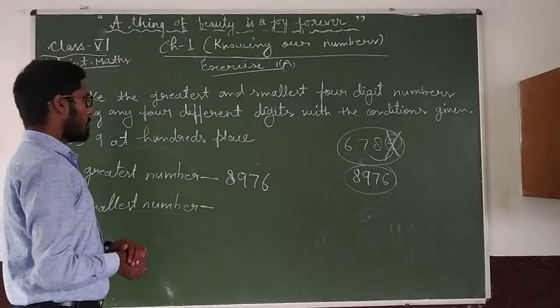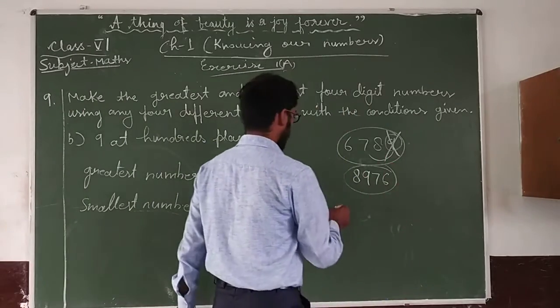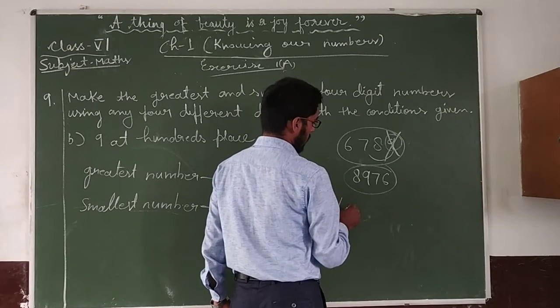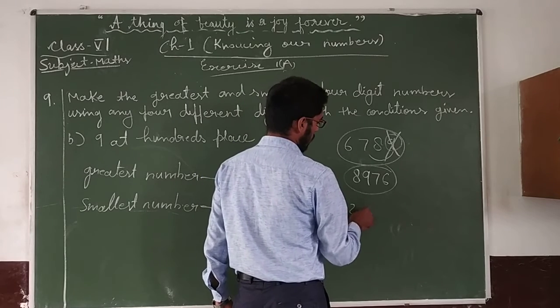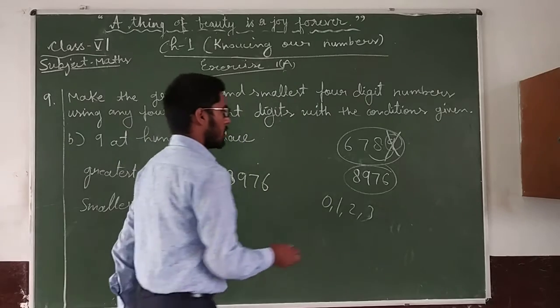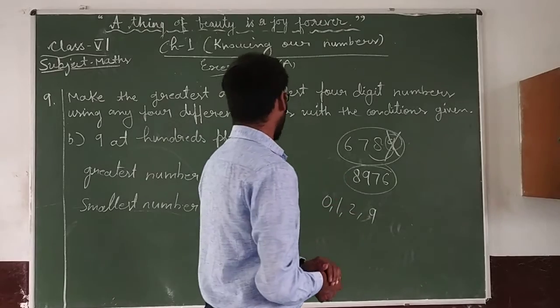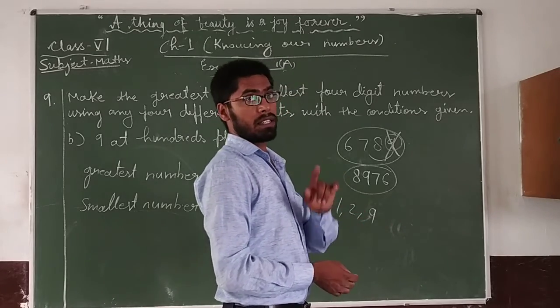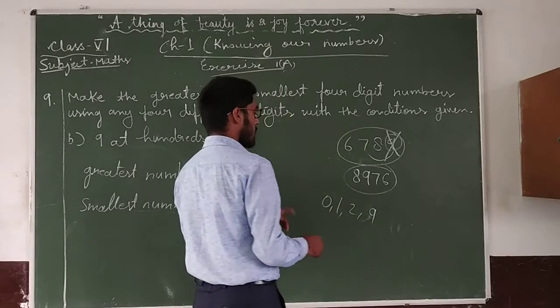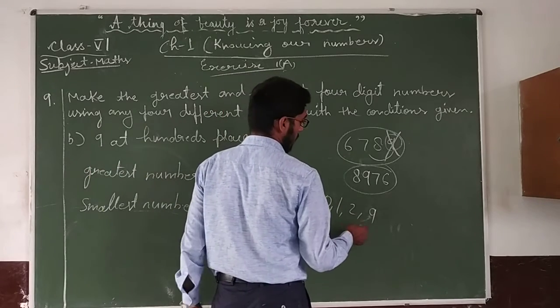And how to write the smallest number? When you write the smallest number, you will use your digits 1, 0, 1, 2, 3. But here 9 is compulsory, so remove your 3. So you have now 4 digits. By using these digits, write the smallest number, but keep in your mind 9 should be at the place of 100.